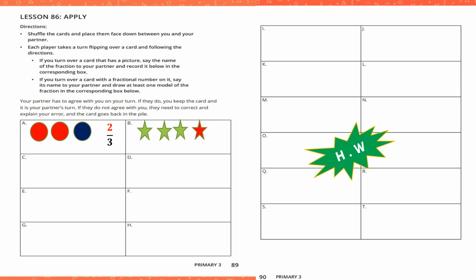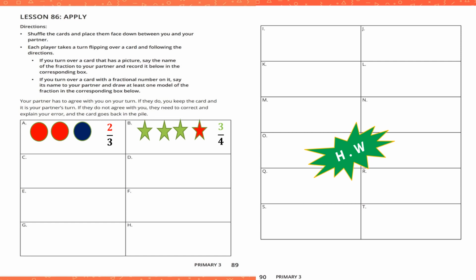Yes, 3 green stars, out of the total of all the stars, which is 4. So the fraction here is 3 green out of the total 4, 3/4.